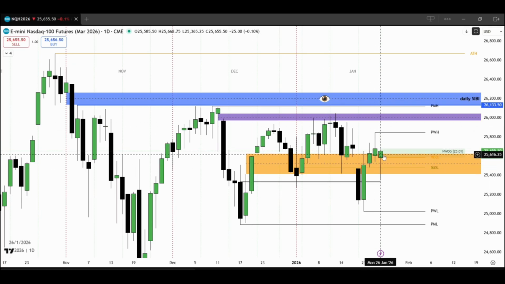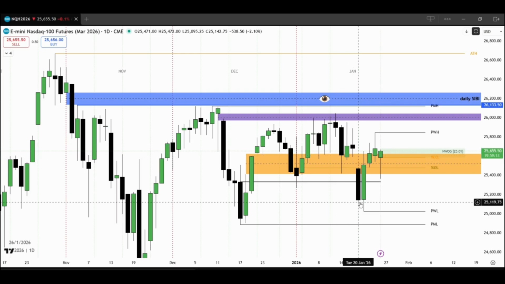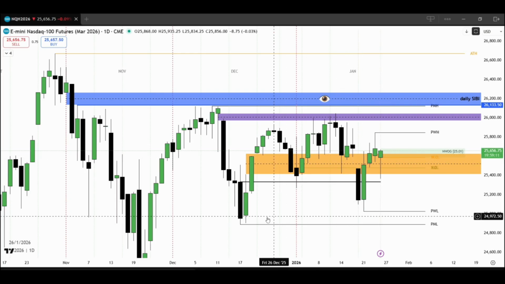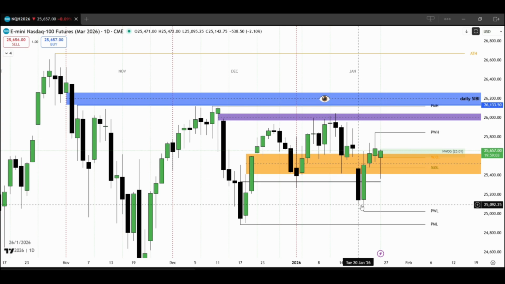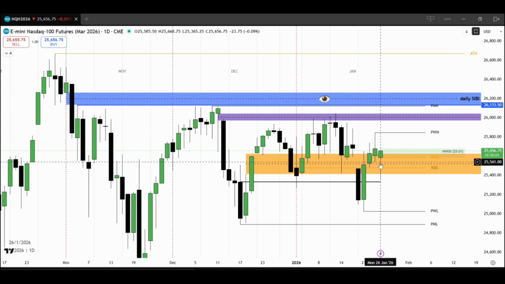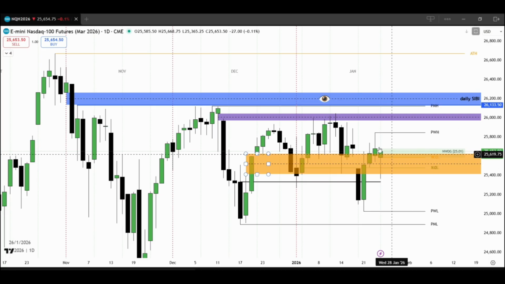And now we have closed back above this BISI that I said that if we were to be able to come back above this BISI, then I would see that the buy program is back in play. Last week I had said it was possible for us to seek lower and to further discount, maybe even take this previous monthly low, and then from there that we would be able to move forward. And then the second scenario I said is that we could come lower to form a low to then get back above this BISI to then continue higher. And that is exactly what happened.